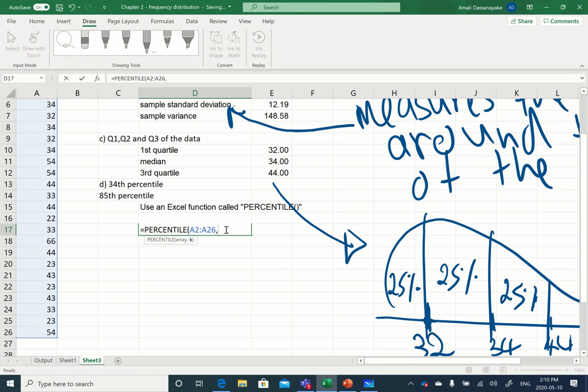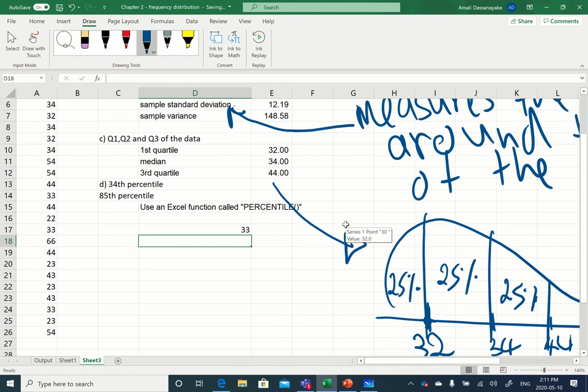Because it can be 100 different percentiles, right? Starting from the 1st percentile onwards. I'm calculating the 34th percentile. So don't type 34. This is percentages we're talking about. So type the decimal 0.34. This will give us the 34th percentile.